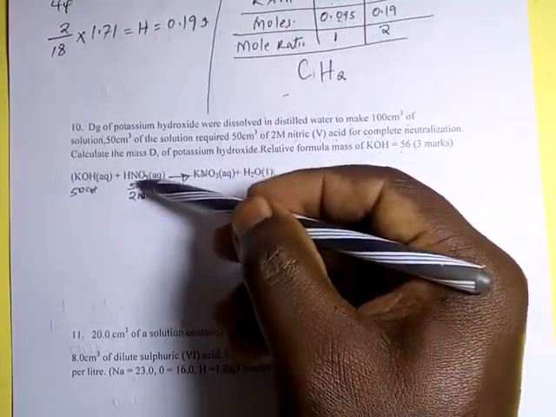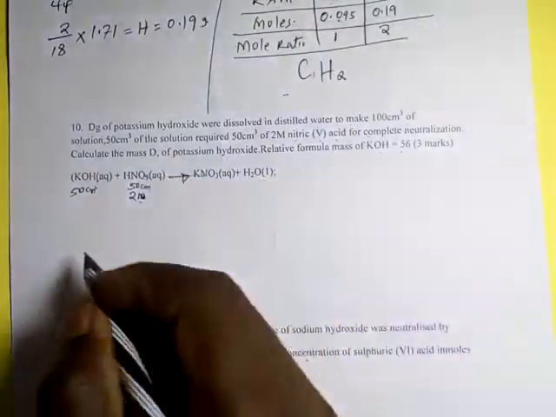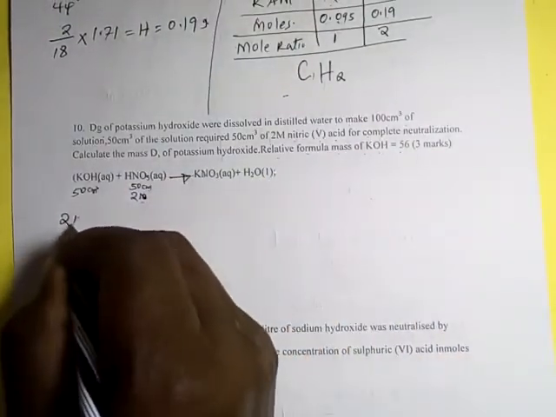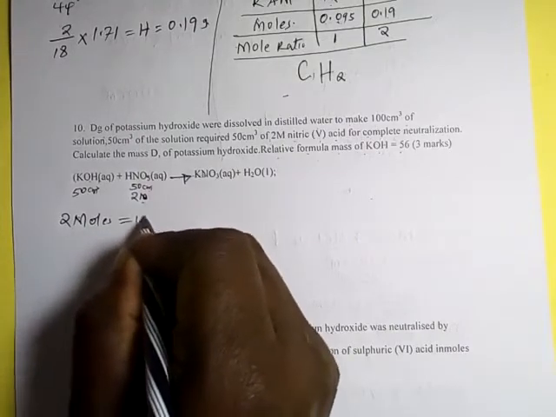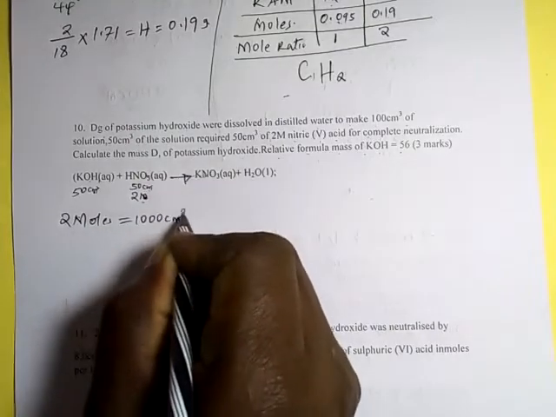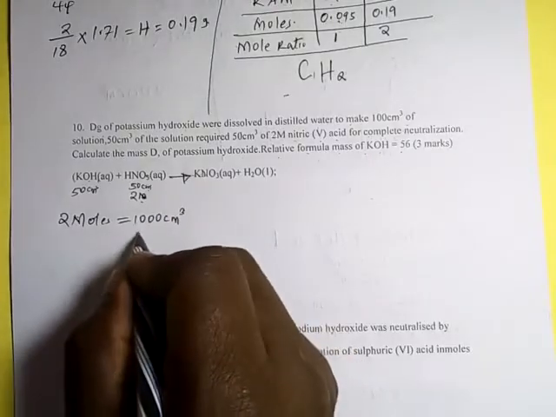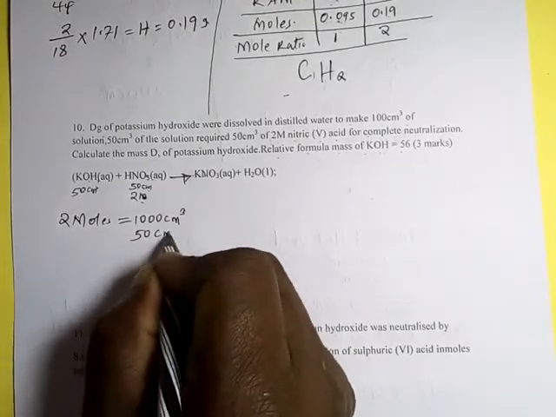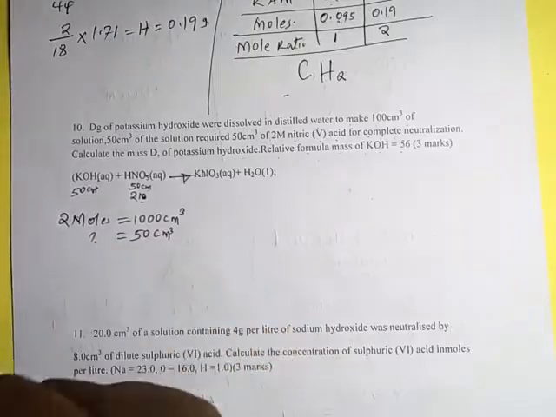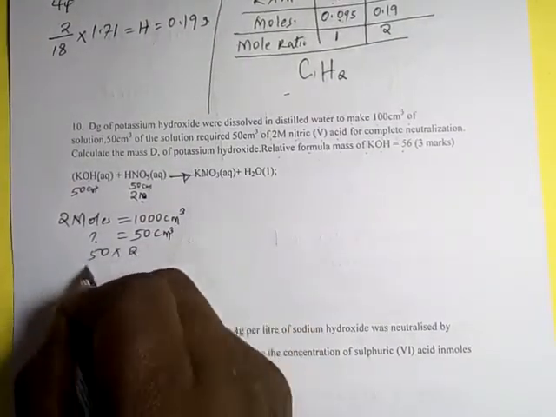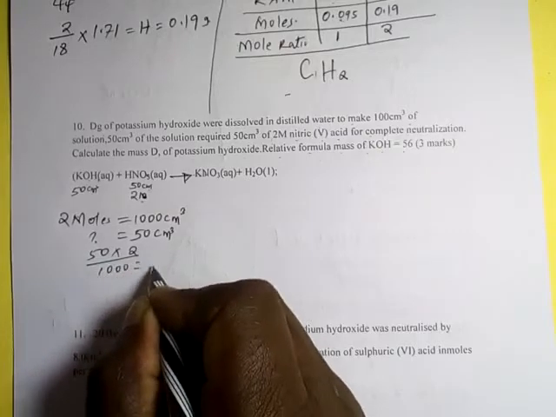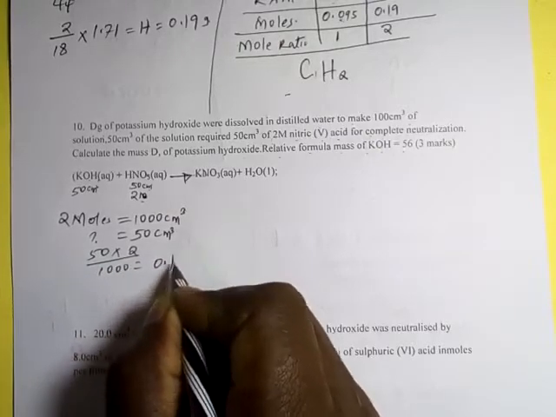We get the number of moles that reacted. 2 is the number of moles of nitric acid contained in 1000 centimeters cube. Now 50, the volume that was used, will contain how many moles of nitric acid? That is 50 times 2 divided by 1000, which gives us 0.1 moles.